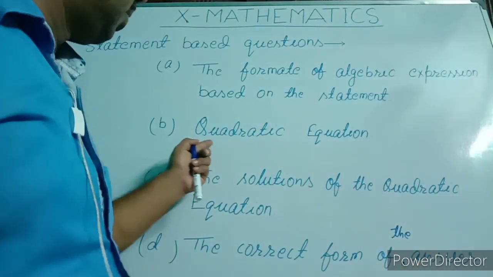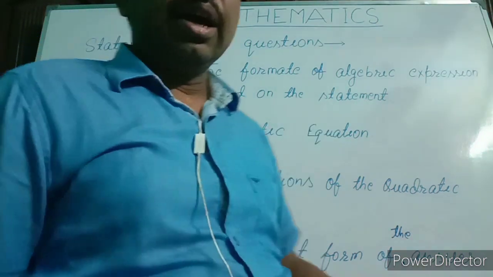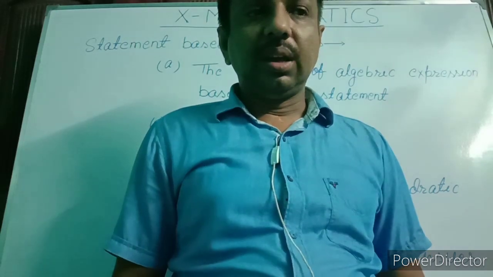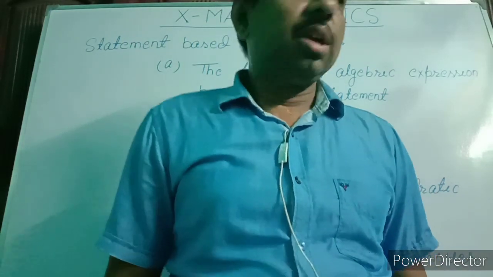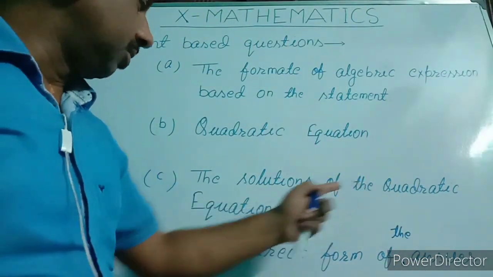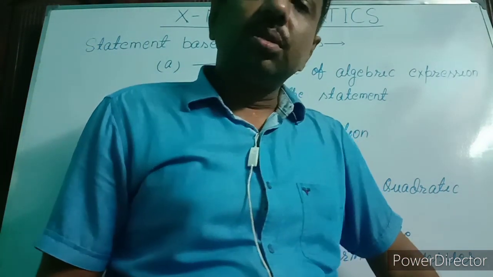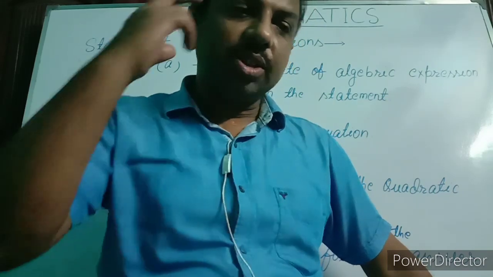Second, the quadratic equation. We solve this algebraic expression to change it into the quadratic equation, and finally we get the quadratic equation. Third, the solutions of the quadratic equation. After getting the quadratic equation, we solve it to find the value of x.